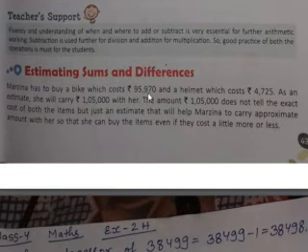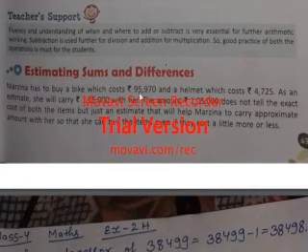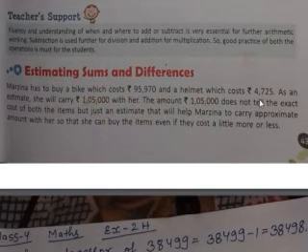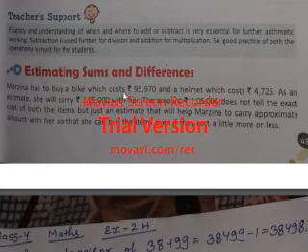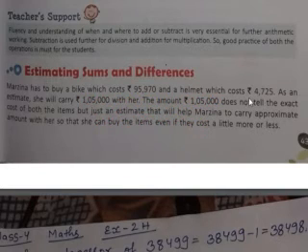She wants to buy a bike whose cost is rupees 95,970 and a helmet whose cost is rupees 4,725. So as an estimation, she has estimated, okay, if I carry 1,05,000 with me, then it will be enough. Of course it will be enough. You add, it will come to about 1,01,000, not more than 1,01,000.